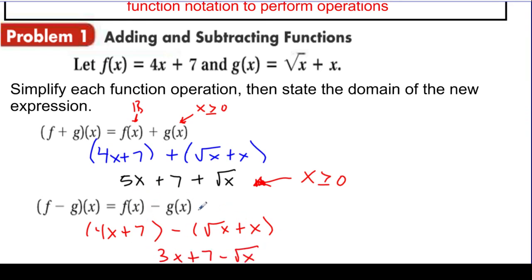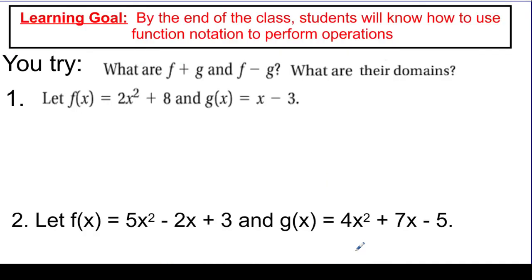The same domain restrictions apply: x must be greater than or equal to 0. The idea is that if one of them has any kind of restriction on what you're allowed to input, your answer has that exact same restriction. Here are some problems. If you'd like to try them and bring them to class, we will do them there.